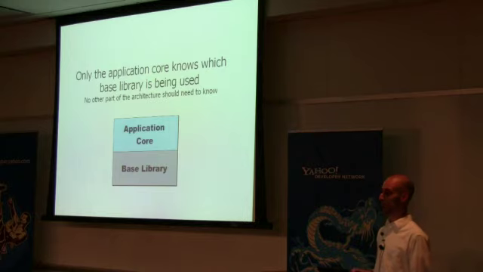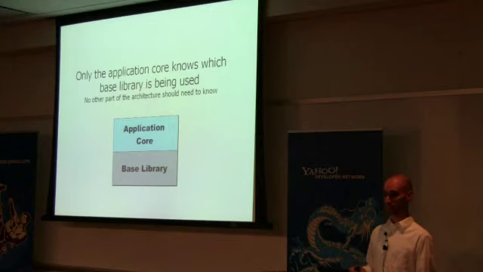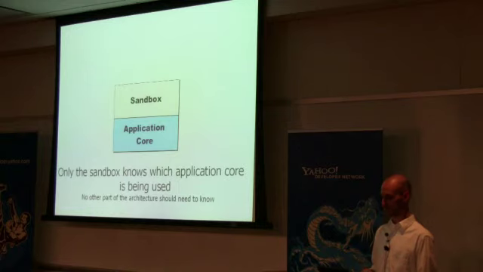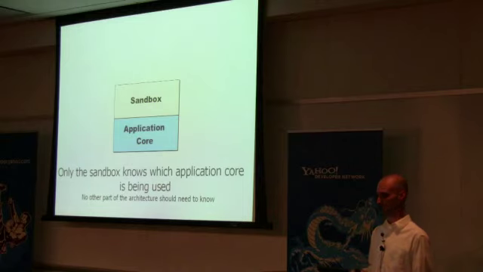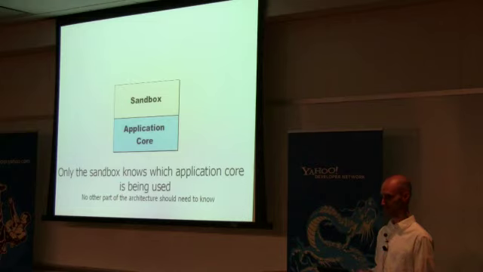Only the application core knows which base library is being used. And that's really important. These two end up being tied together. The application core's job is really to abstract that base library away. And only the sandbox on top of the application core knows which application core is being used. You actually can swap out an application core pretty easily.